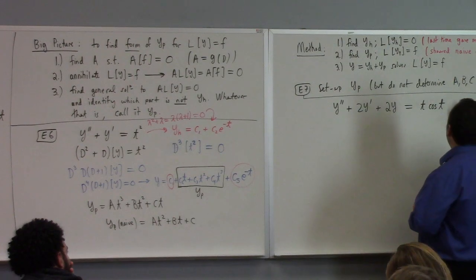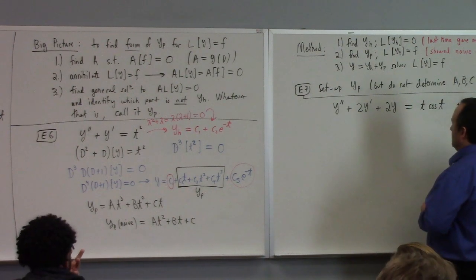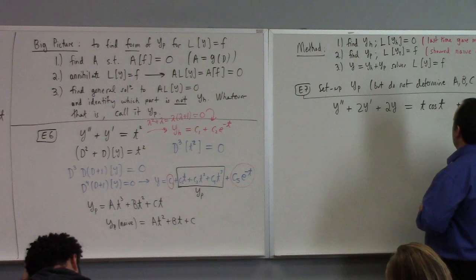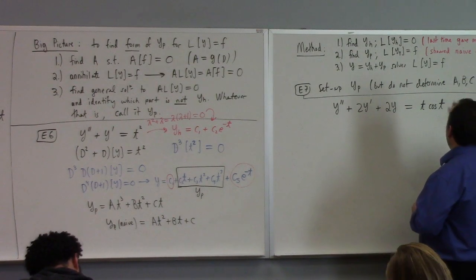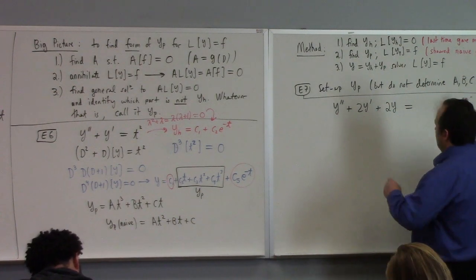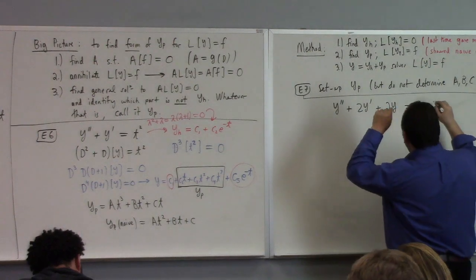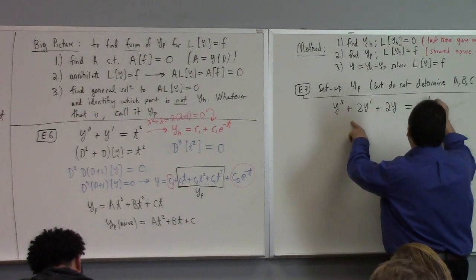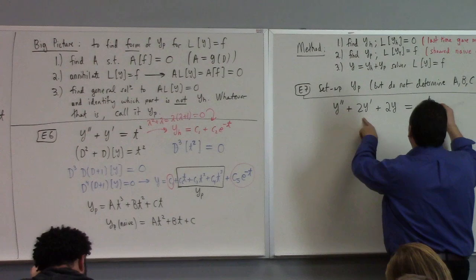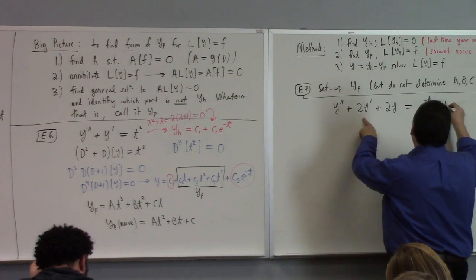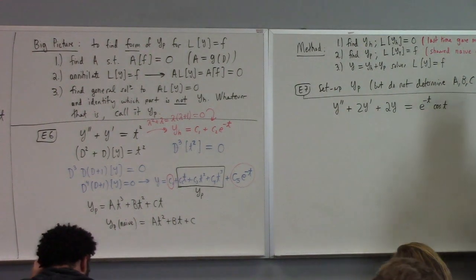Tell you what, let me not make it too hard. Let me keep it simple-ish. Let me just make it e to the minus t cosine t. There we go. That should be enough trouble.